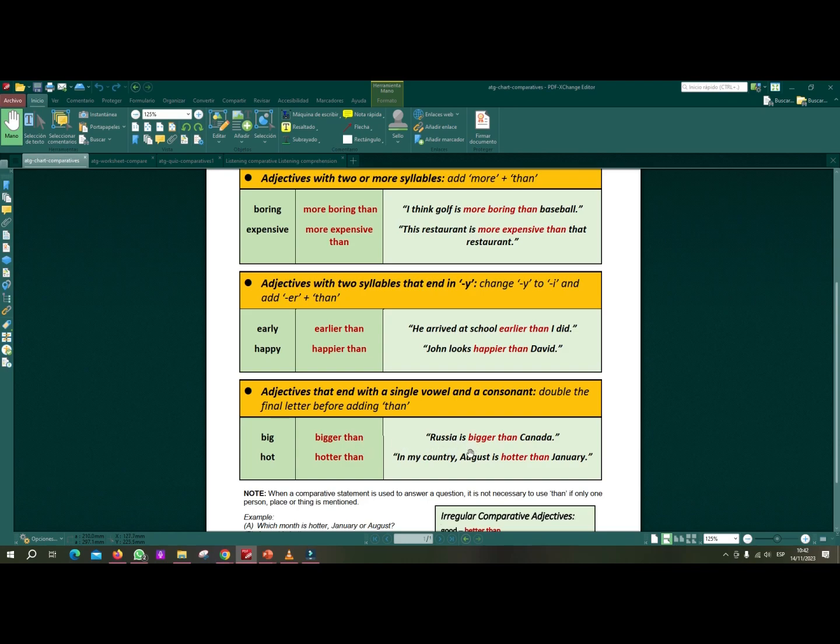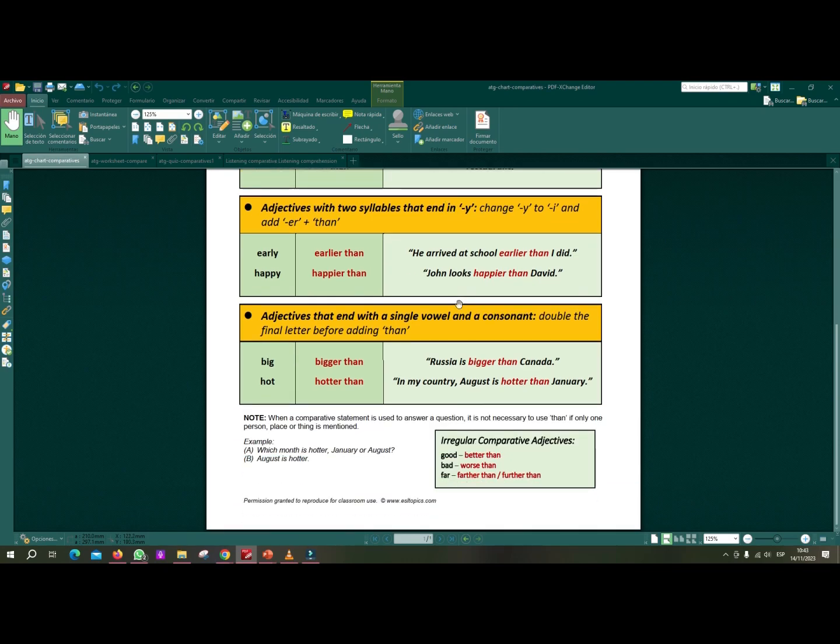Russia is bigger than Canada. Hot, consonant, vowel, consonant. So, hotter than. You're going to double the last consonant and add er. In my country, August is hotter than January. So there you have the rules, right?